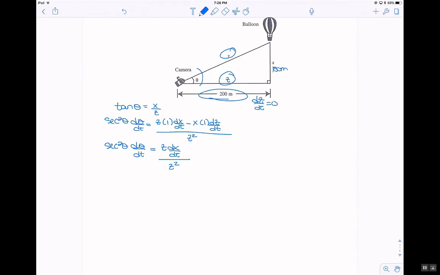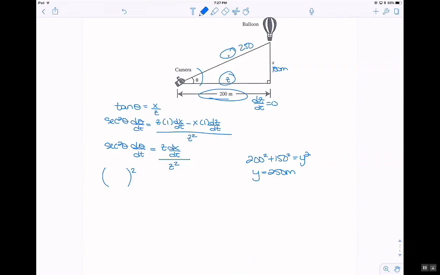Okay, and I know that x is 150 meters in the air. So that means that using Pythagorean theorem, 200 squared plus 150 squared is equal to y squared. So by simplifying this, we get y is 250 meters. So that means that this is 250.